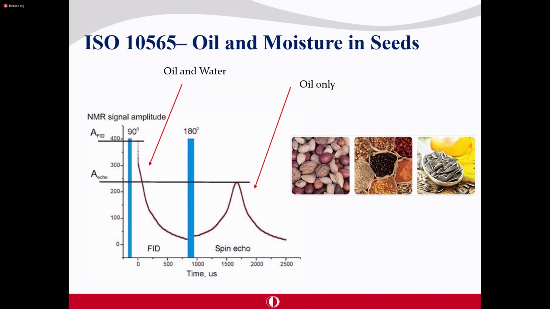So usually foods should be below a certain moisture content, because if the moisture content is high, the echo signal that you see in the slide, which is normally supposed to contain oil content only, will include water signal as well. That is why to measure water content of other foods, some modifications have to be done on the sequence.